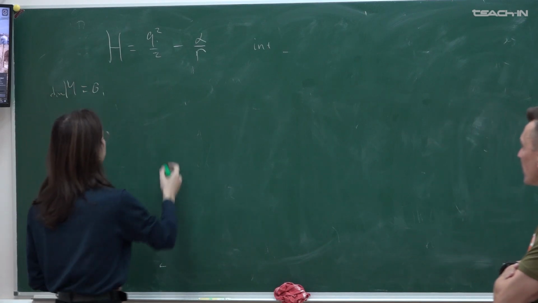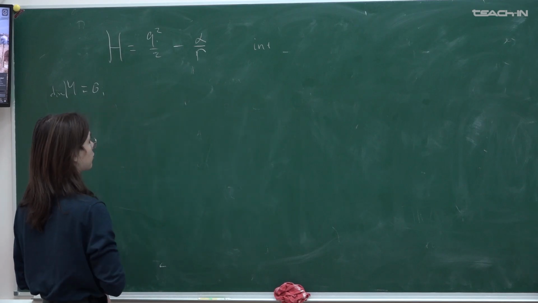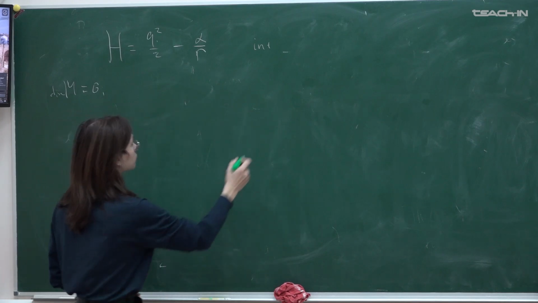So then the integrals were. What's the Poisson structure?